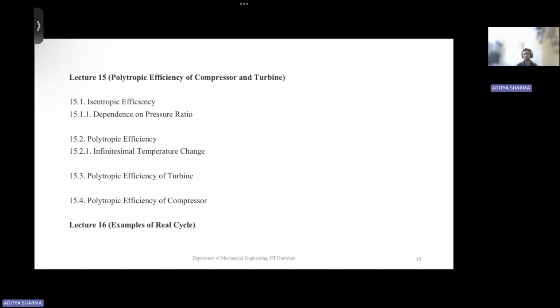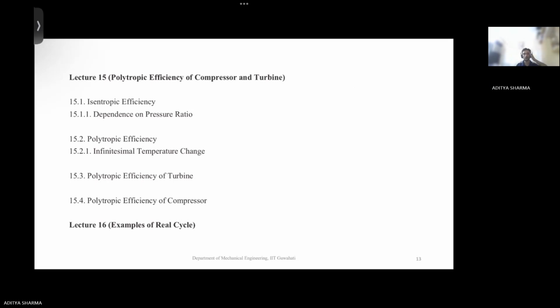But then if you want to compare these compressors, we cannot do that, right? In that case, we concentrate on infinitesimal change. For an infinitesimal change in pressure, what is the infinitesimal change in temperature? Based on these infinitesimal changes, we calculate the efficiencies. And these efficiencies we call polytropic efficiency.